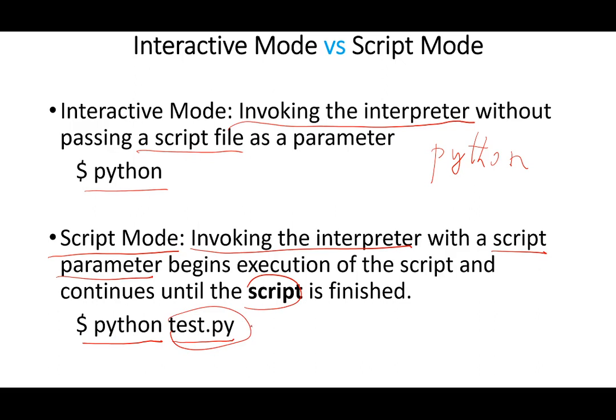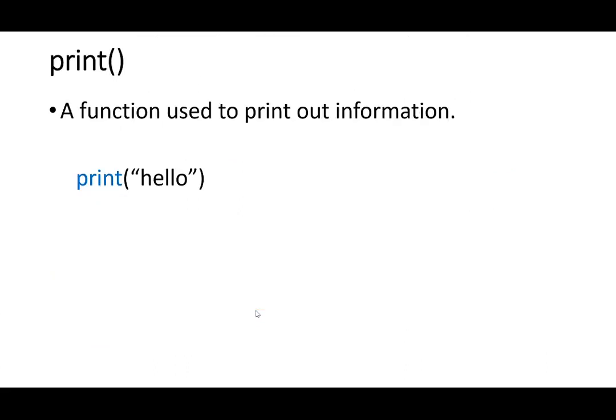In this file, there are Python commands. For example, we can use a Python function called print to output information to the terminal. This will output a string, hello, on the terminal.